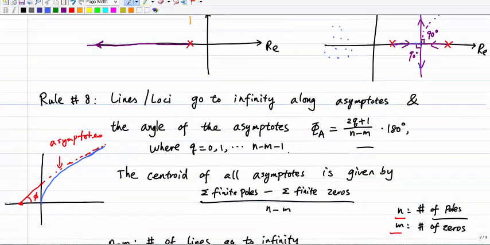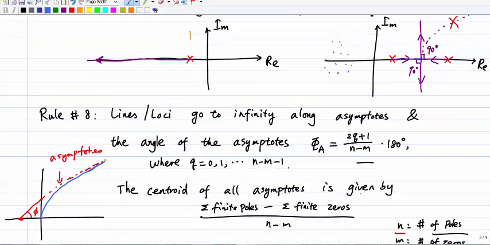The centroid of all asymptotes is given by this value. Before I go into detail, what this says is you can have different angles, because this formula gives different angles, but the centroid is always the same. If the lines move to infinity, they share the same centroid for the asymptotes.